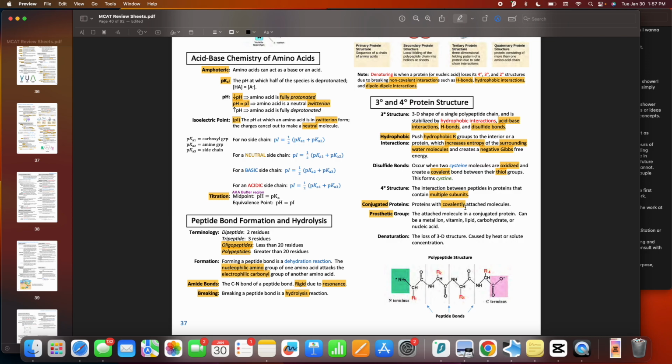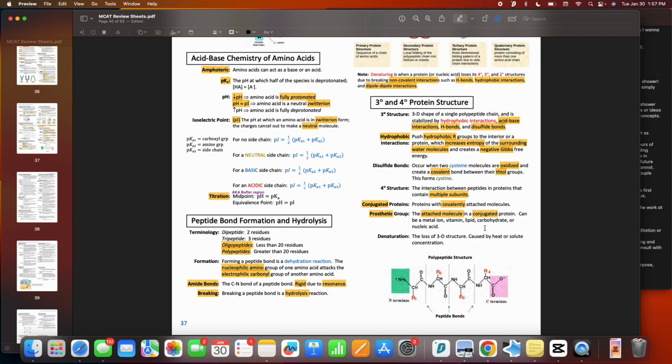So for example, just back at conjugated proteins, the disulfide bond, which is a covalent bond, should be considered in the conjugated proteins, right? You have prosthetic group, which is the attached molecule in a conjugated protein. It can be a metal ion, vitamin, lipid, carbohydrate, or nucleic acid, right?